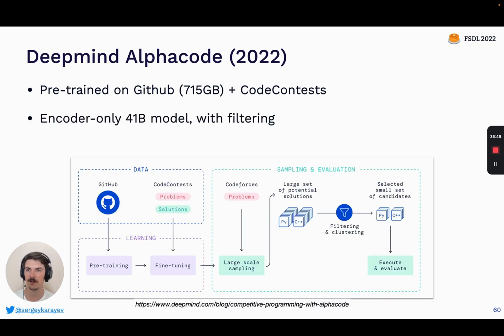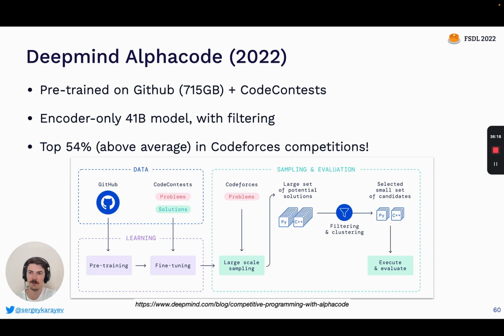And it's a 40 billion parameter model, encoder only. And one notable thing that they do is that they filter the outputs of the model. The model outputs a lot of potential solutions. Then the solutions get filtered down by either another model or a process to a smaller set of candidates. And then the small set gets filtered down even more by actually executing them.